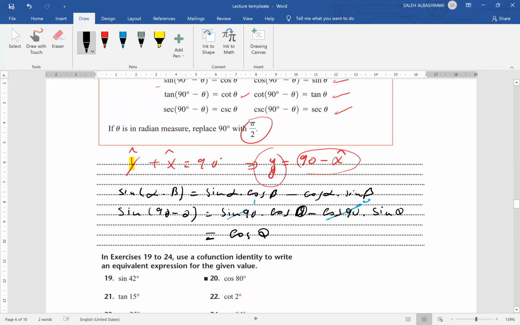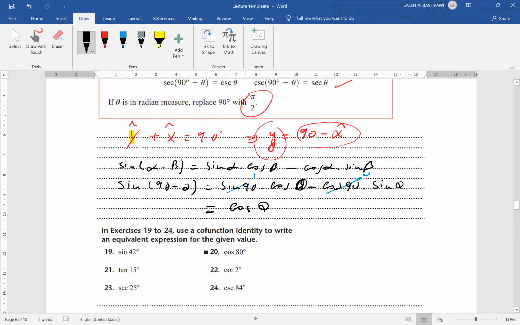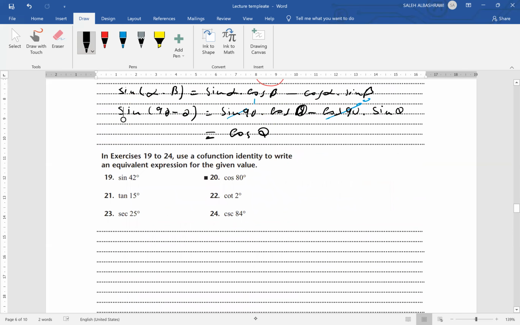For the application of these cofunction identities, try to solve this set of exercises. Use a cofunction identity to write an equivalent expression for the given value. Number 19: sine 42 degrees.